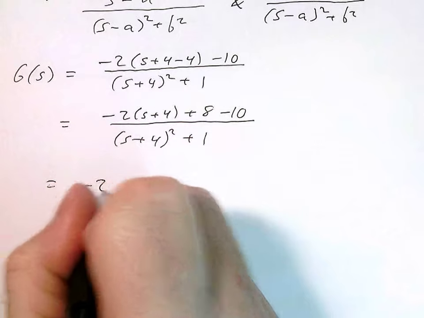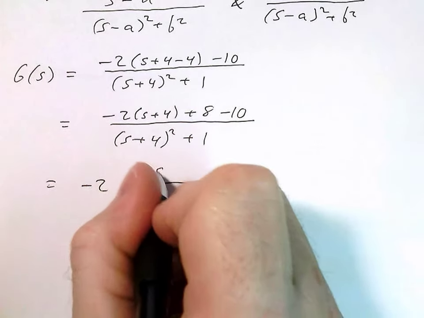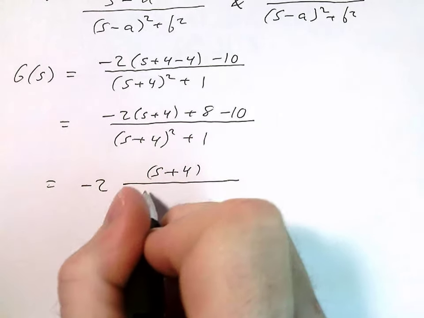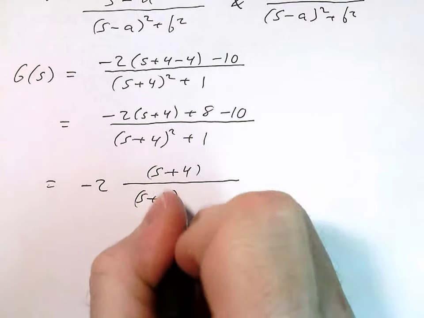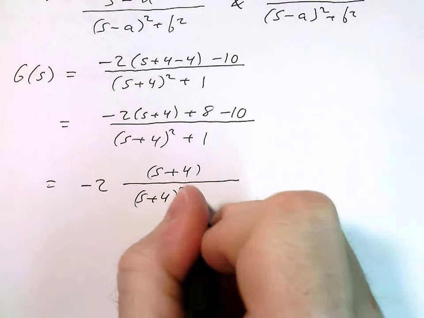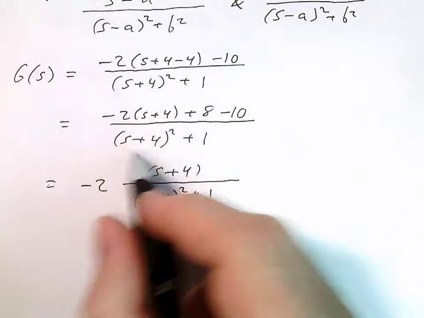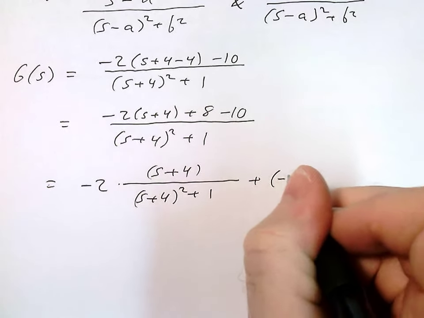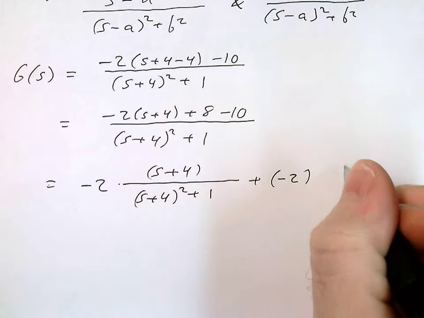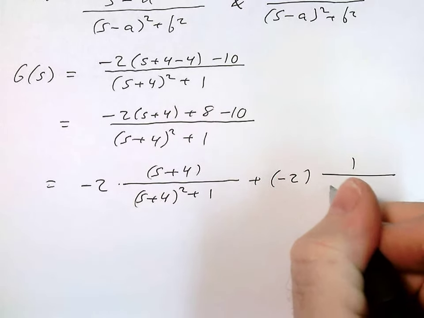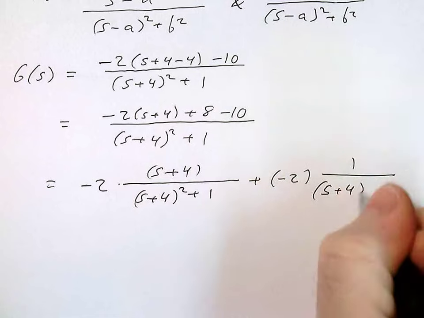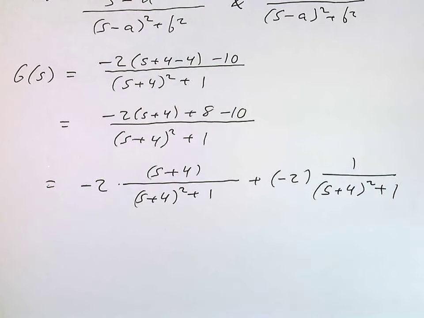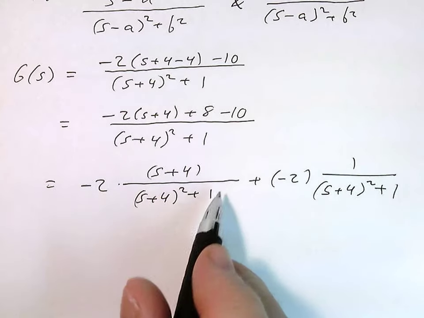So I write this as negative 2 times s plus 4 over s plus 4 squared plus 1 for this first part. Then I have plus negative 2 times 1 over s plus 4 squared plus 1. Okay, well, these are in my table.